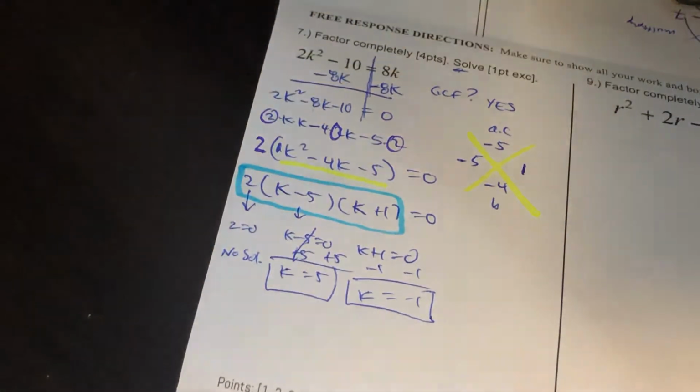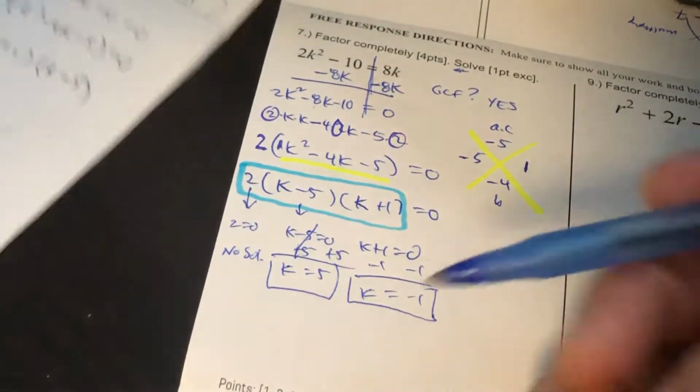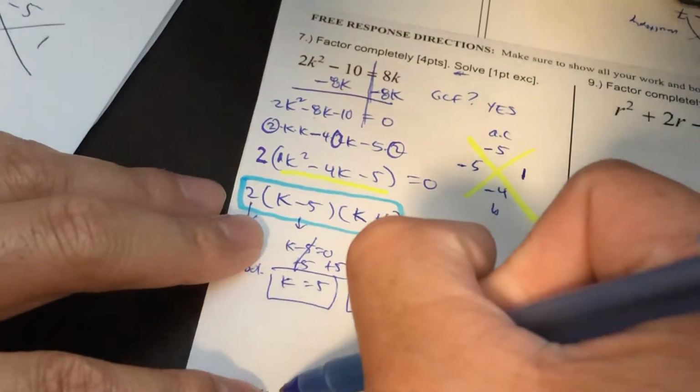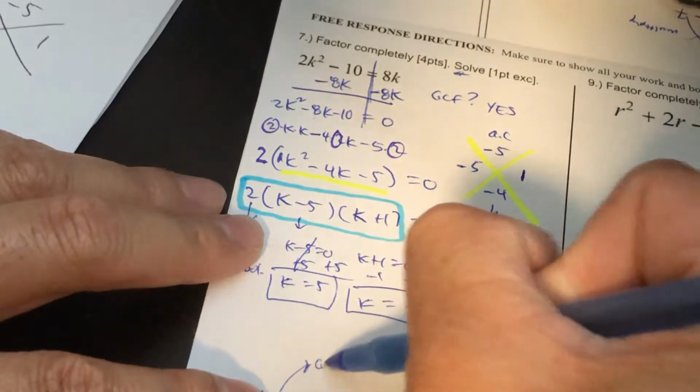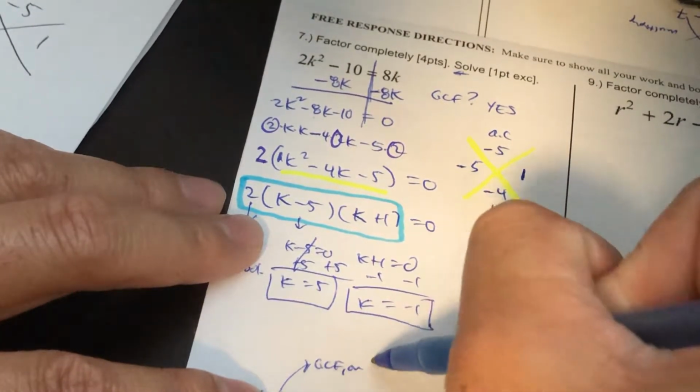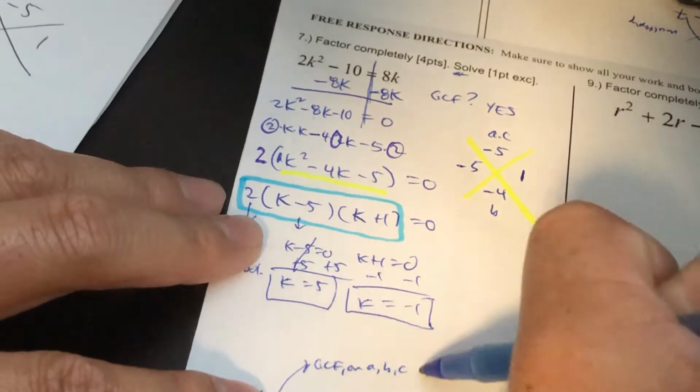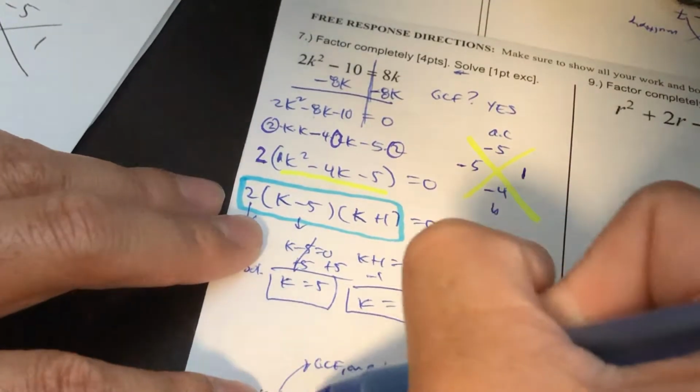How would I award the points? If you're able to identify the GCF or the A, B, and C are correct, then you only get 2 points out of the problem.